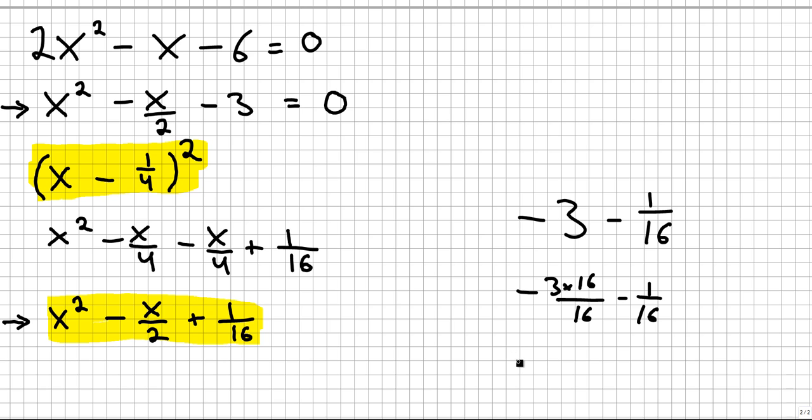This is going to be minus 3 times 16 is 48, so 48 over 16 minus 1/16. It's going to be minus 49 over 16. So I'm gonna add minus 49 over 16.